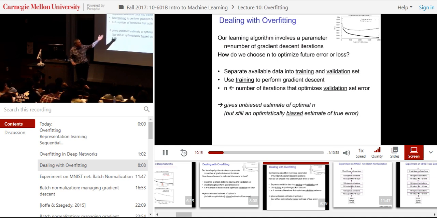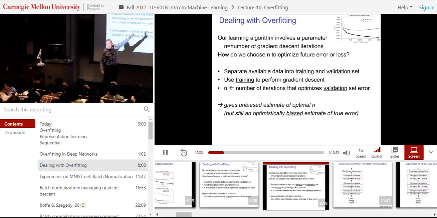But the same thing holds to a lesser degree for the validation set. Right? I might have a validation set of data that, because it's just a finite sample, might have some statistical coincidences that might cause the curve to dip in a particular place. And if I had a second validation set, it might not give me exactly the same curve.